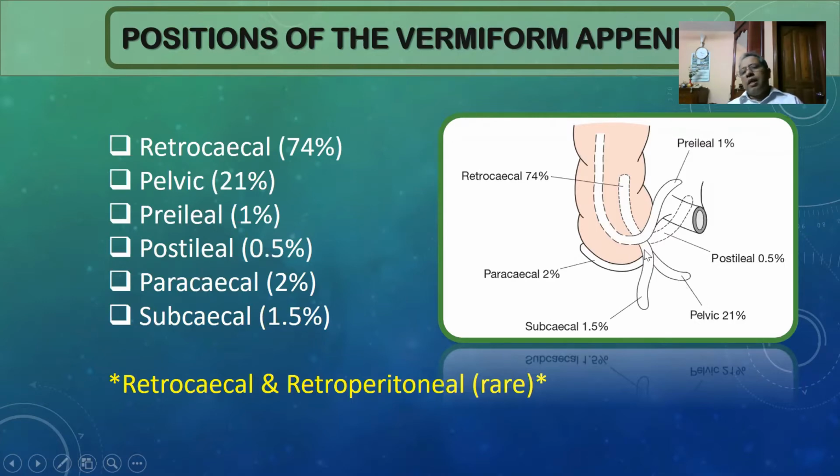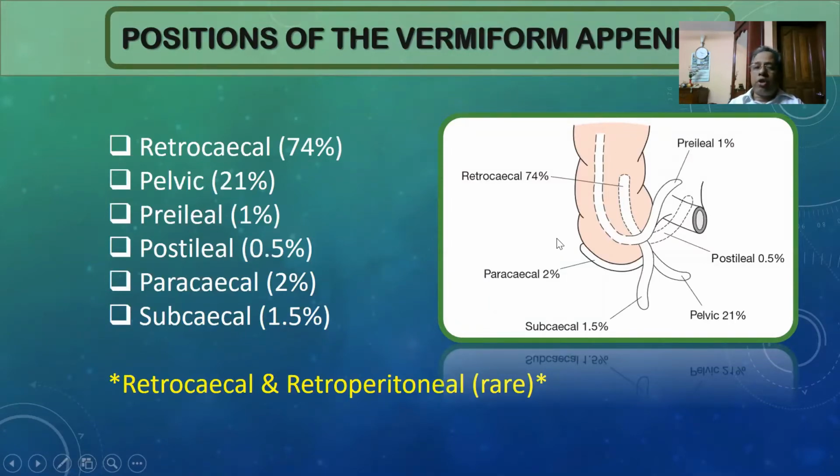And some appendix may lie just attached to the lateral border of the cecum, which is called the pericecal. And in some the appendix lies not pelvic, not pericecal, but to some extent directly in the iliac fossa, which is called the subcecal variety. So these are the various percentages of the anatomical position of the appendix.